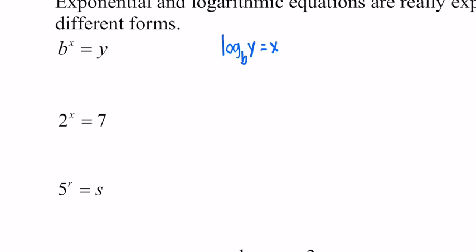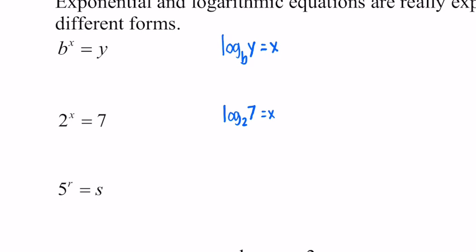Keeping that in mind, if we have the equation 2 raised to the x equals 7, and we want to write it in logarithmic form, our base would stay the same. The base would still be 2. The exponent of the exponential form, x, is the answer of the logarithmic form. So we have the logarithm base 2 of 7 equals x.